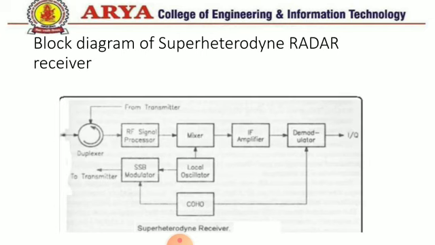Here the mixer is basically used for converting RF frequency to intermediate frequency, IF. The conversion requires us to consider loss in the mixer, and it is defined as the ratio of RF input power to IF output power.